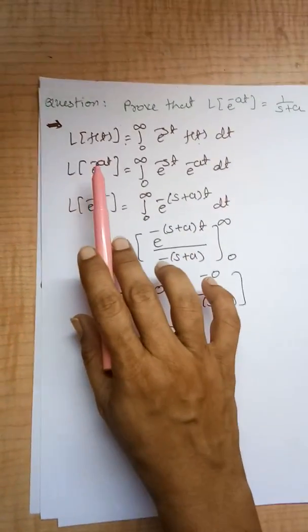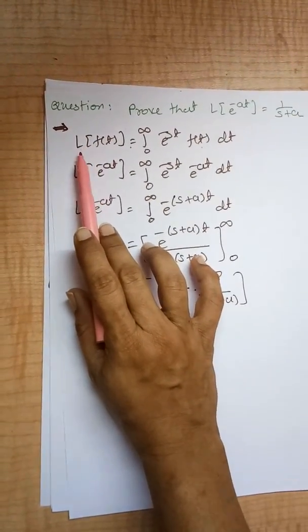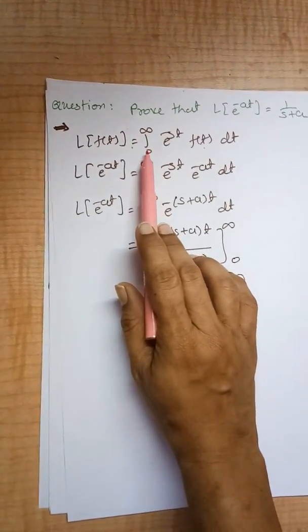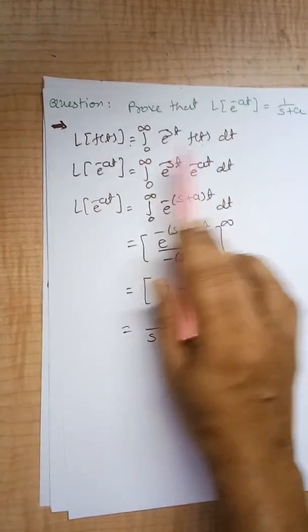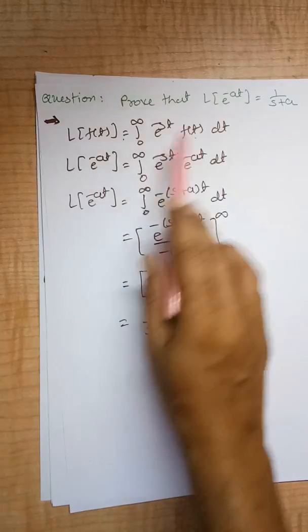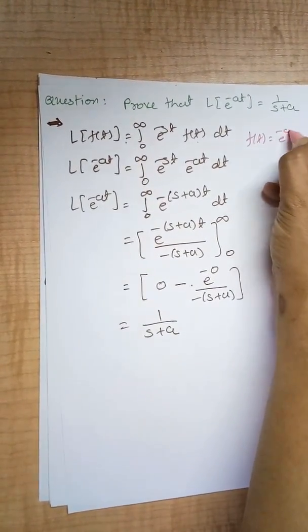So dear students, you know the definition, or we can say the formula, of Laplace of function of t, that is integration 0 to infinity e raised to minus st function of t dt. So if we apply, function of t is equal to e raised to minus at.